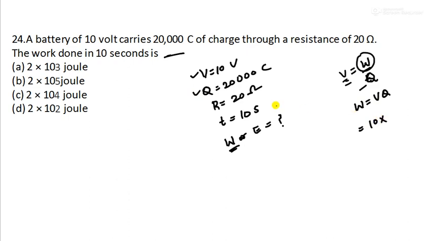It is 10 into 20,000. When we multiply, this becomes 2 lakhs. After 2, how many zeros? 1, 2, 3, 4, 5. So into 10 to the power of 5. And since this is work, its unit is joule. So 2 into 10 to the power of 5 joule. This is 10 power 5, this is 10 power 3. Option number B is the right answer. Got it? Moving to the next question.